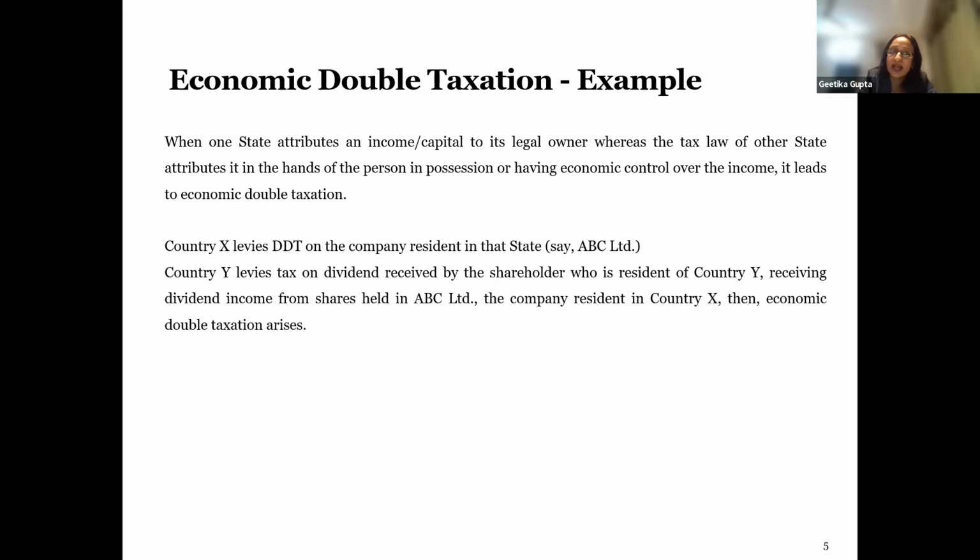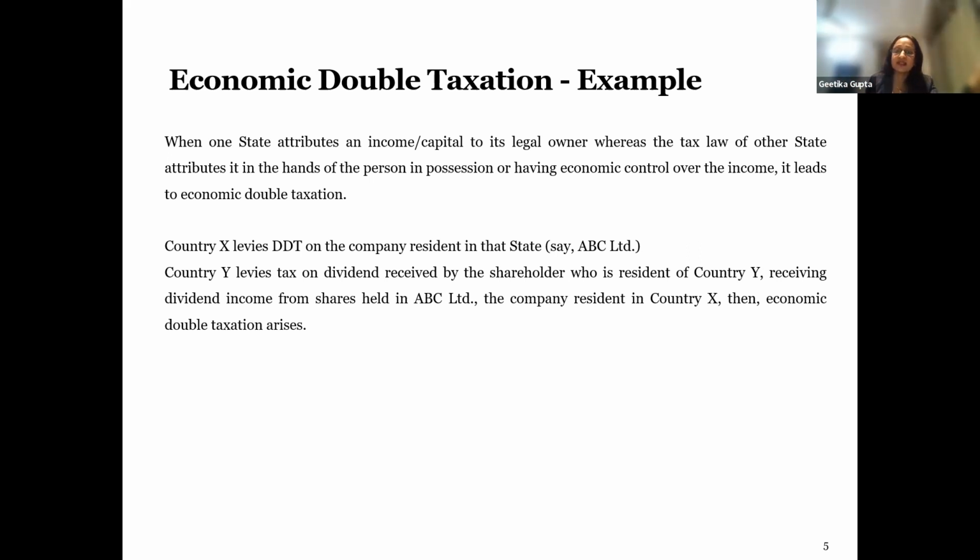Now country Y levies the tax on the dividend received by the shareholder who is resident of country Y, but receiving the dividend income from shares in ABC Limited. So what is happening here is ABC Limited, resident of India, let's say, is paying the dividend distribution tax, and let's say the shareholder of this ABC company is a resident of country Y, let's say US.